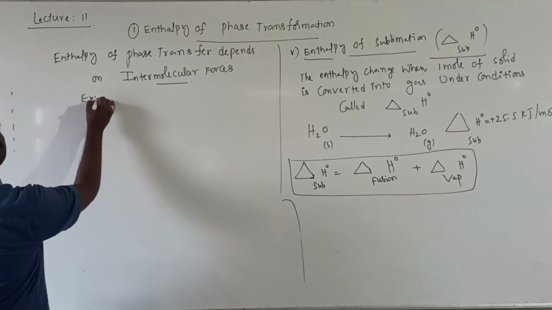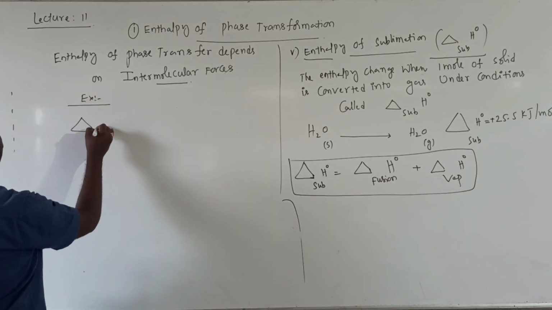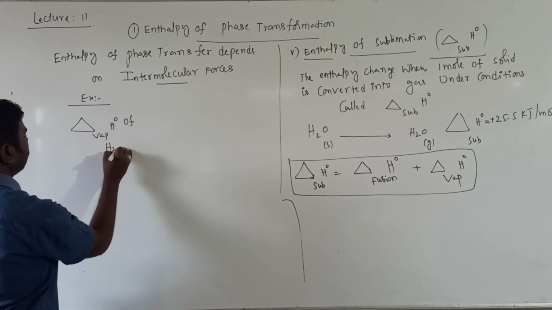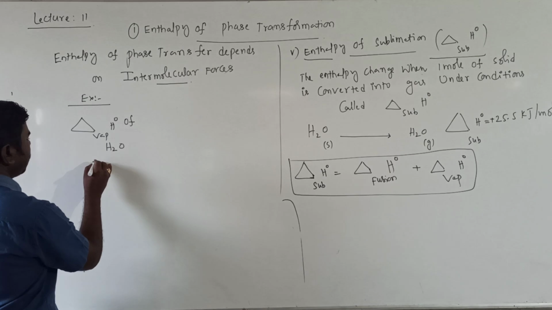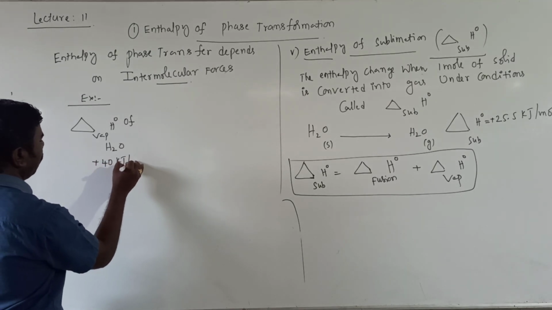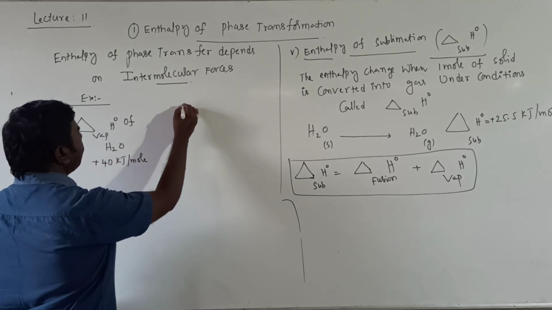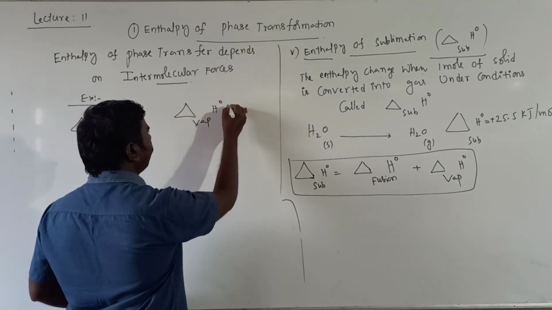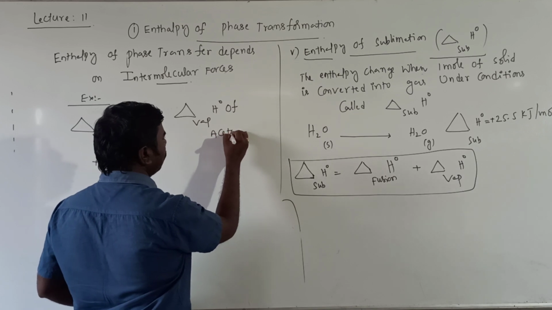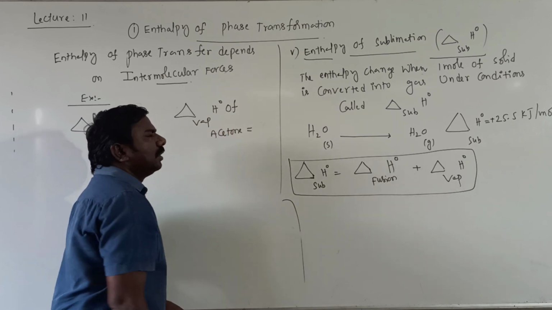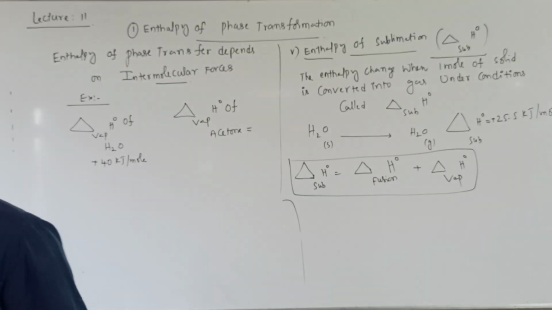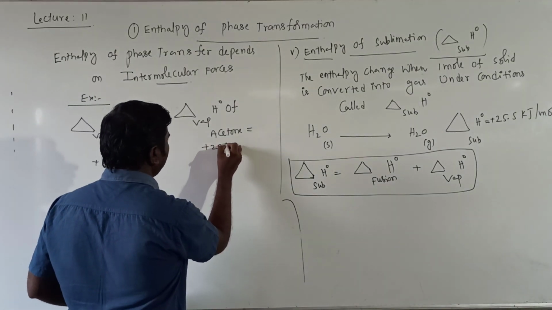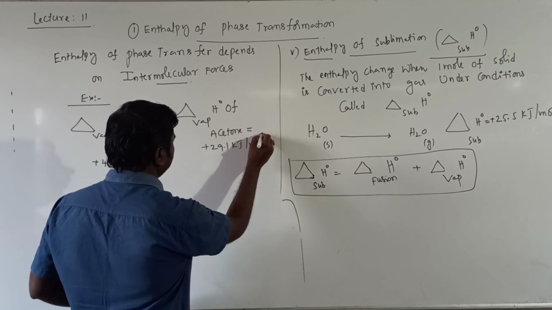One example, students: enthalpy of vaporization of water is equal to plus 40 kilojoules per mole. Similarly, enthalpy of vaporization of acetone is plus 29.1 kilojoules per mole.